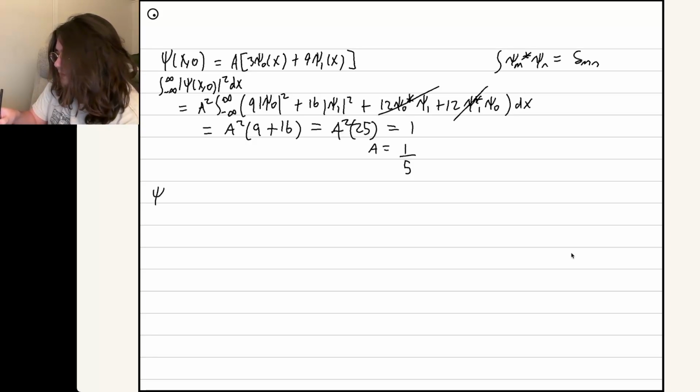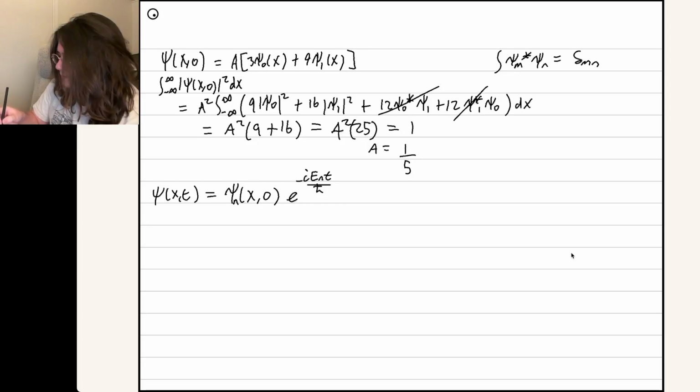To evolve the wave function in time, we just need to take every time-independent position wave function and multiply it by its e to the minus i E n t over h bar. So in our case, we have the normalization factor of 1/5 out front.